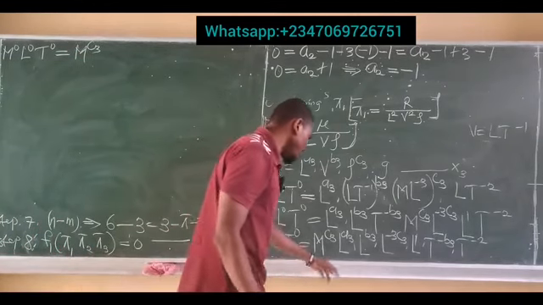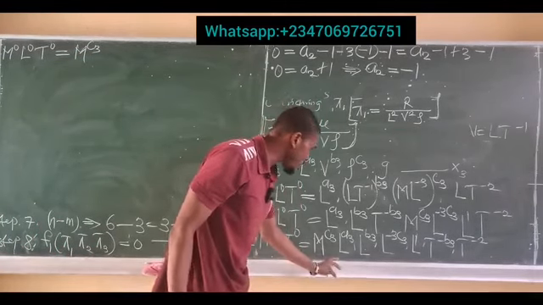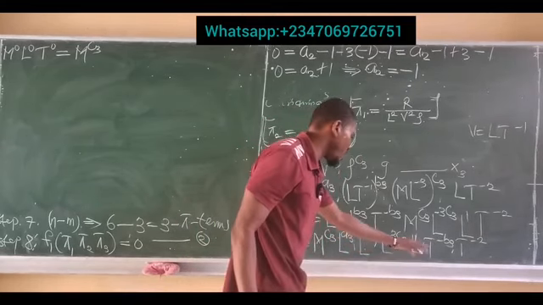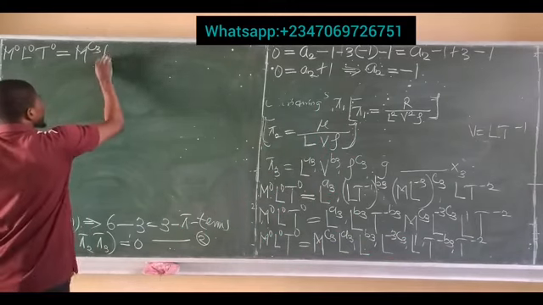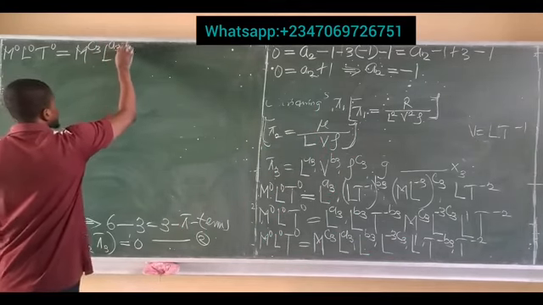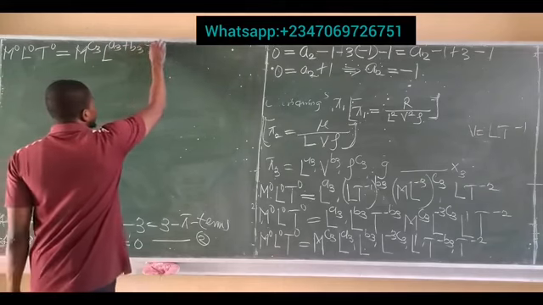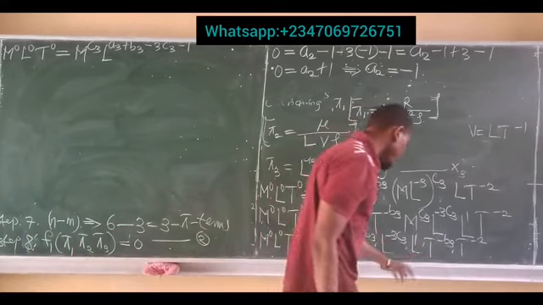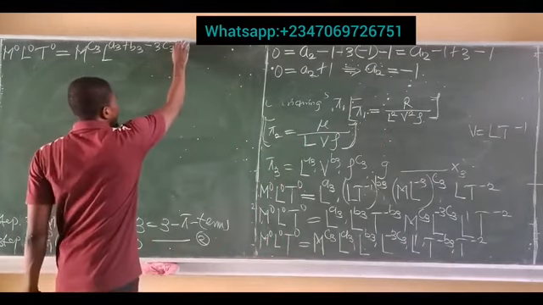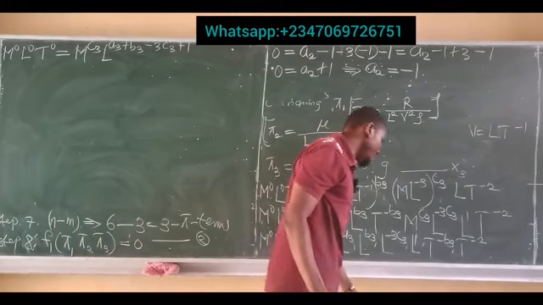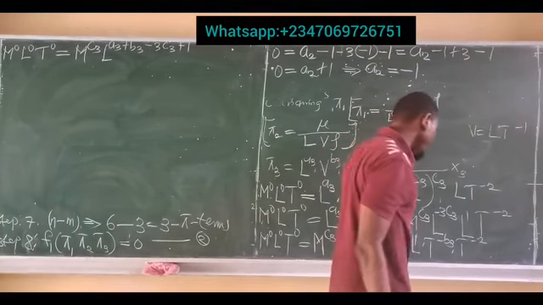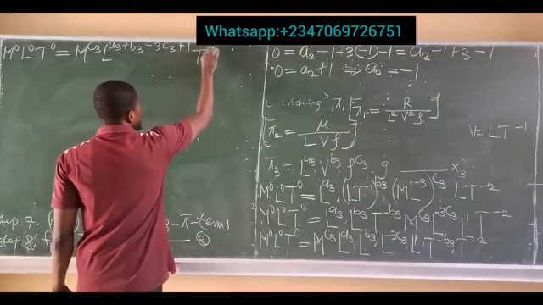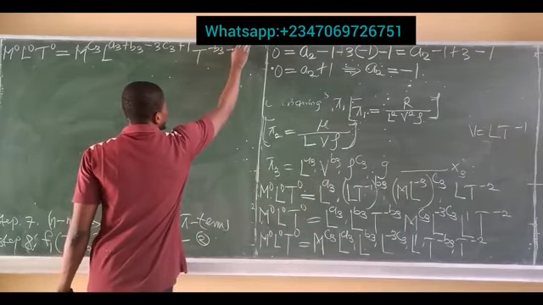Then next we move to L. I have L to the power of A3, L to the power of B3, L to the power of minus 3C3, and L to the power of 1. So L to the power of A3 plus B3 minus 3C3 plus 1. Finally, for T we have minus B3 and minus 2, so add up the powers: minus B3 minus 2.